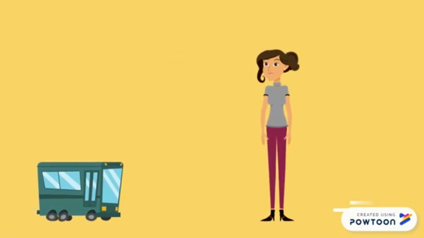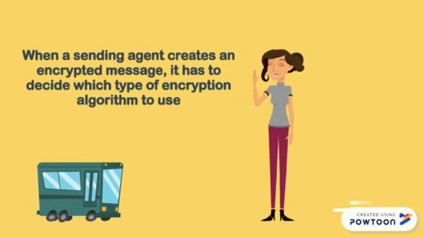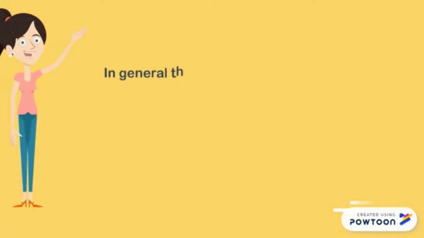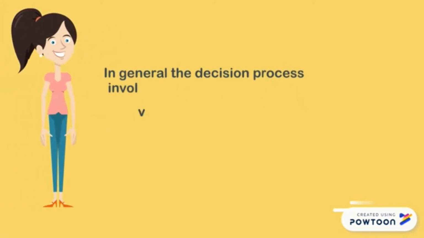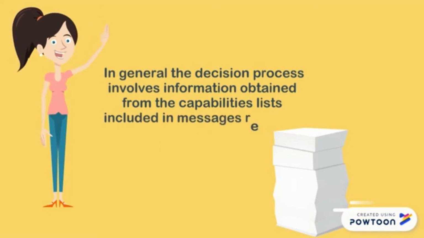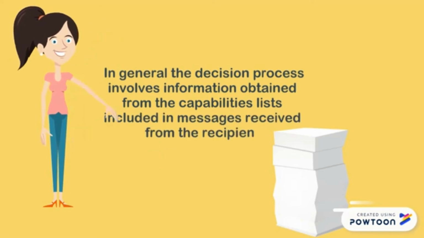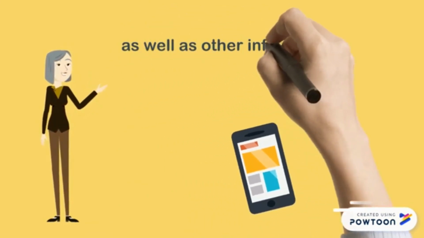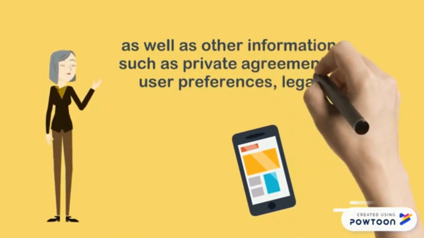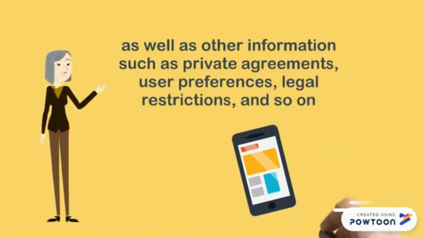When a sending agent creates an encrypted message, it has to decide which type of encryption algorithm to use. In general, the decision process involves information obtained from the capabilities list included in messages received from the recipients, as well as other information such as private agreement, user preference, legal restriction, and so on.